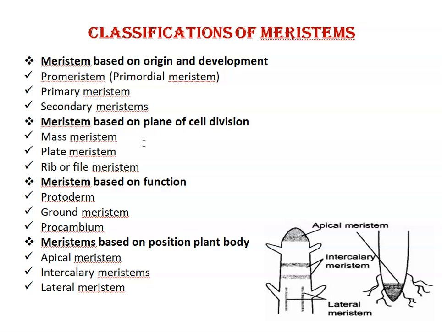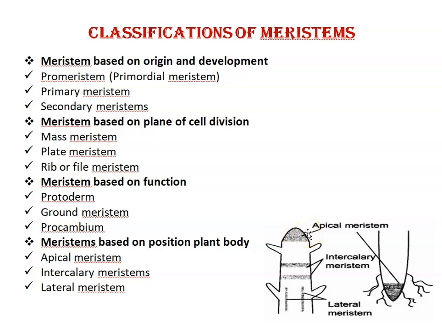And the fourth type is meristem based on position in the plant body. On the basis of position in the plant body, meristems are of three types: apical meristem, intercalary meristem, and lateral meristem. Apical meristem, you can see here in this diagram, is present at the apex.